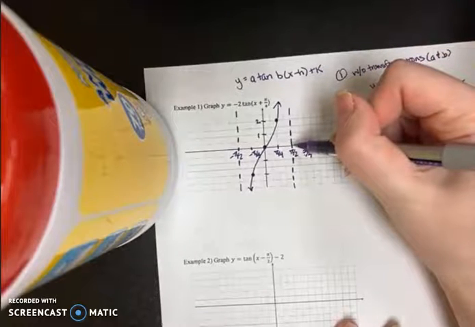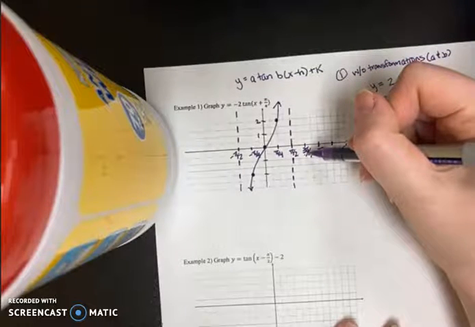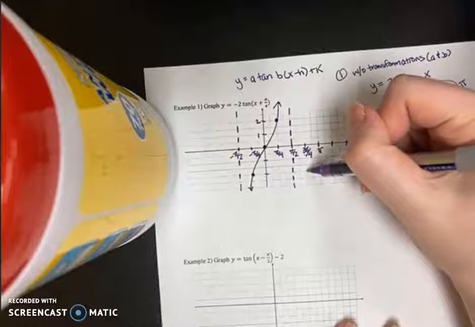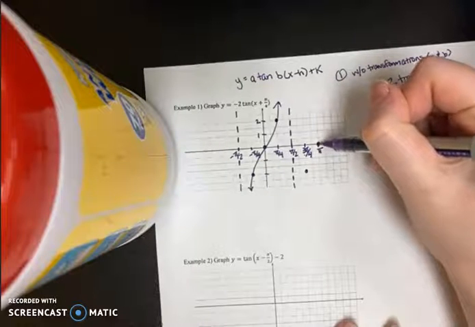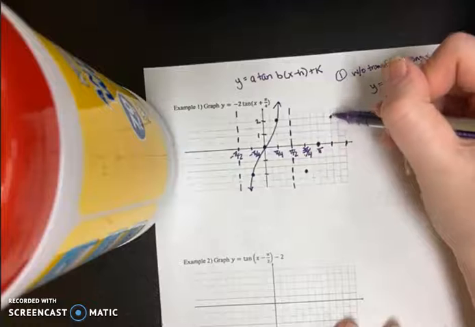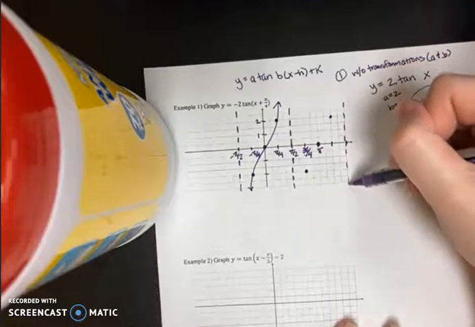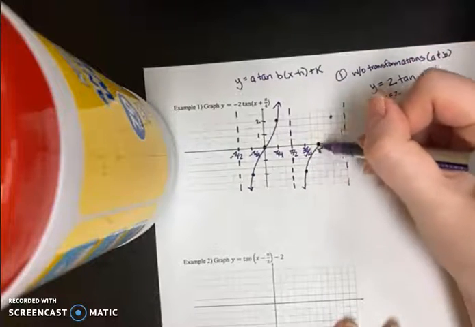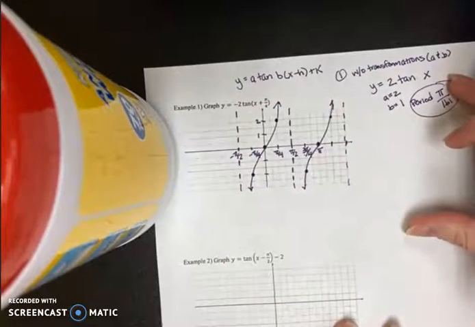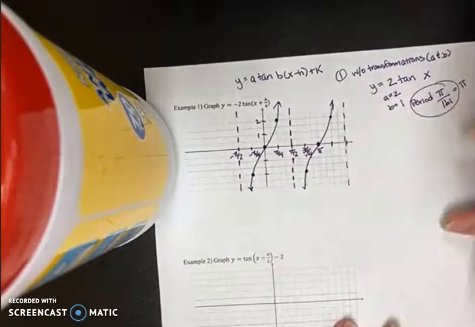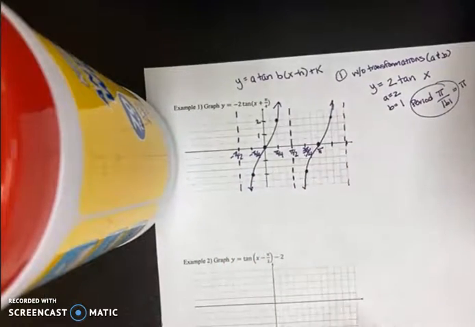Asymptote, coordinate below, so at negative 2, x-intercept, coordinate above, asymptote. This pattern will continue forever. So you can keep going and going and going. This is the graph without any transformations.